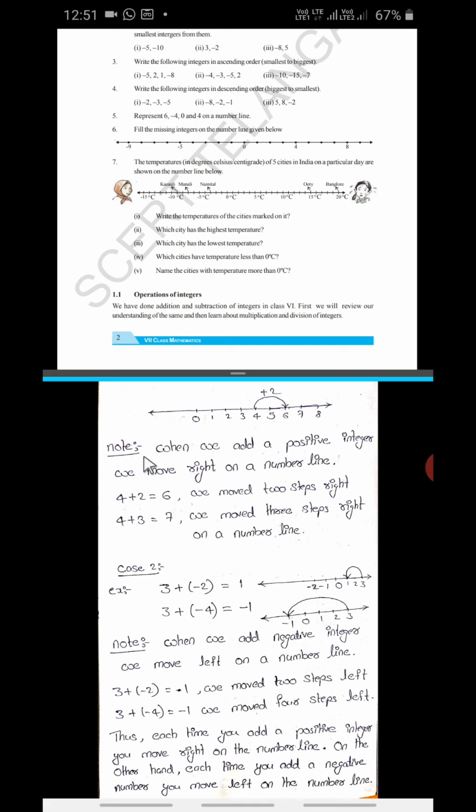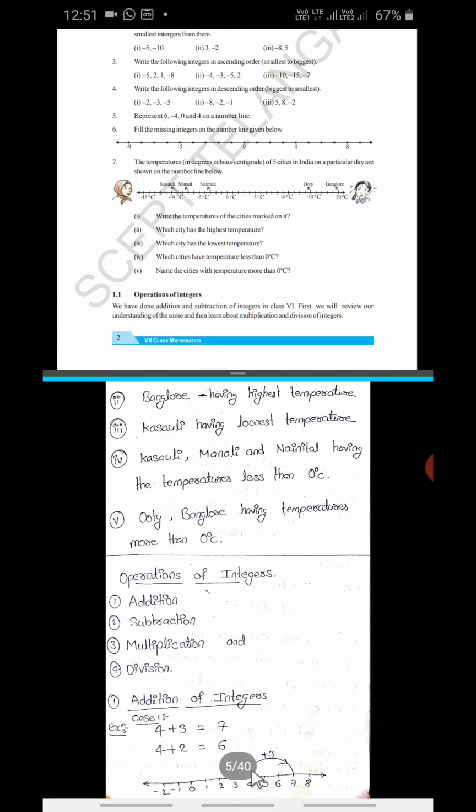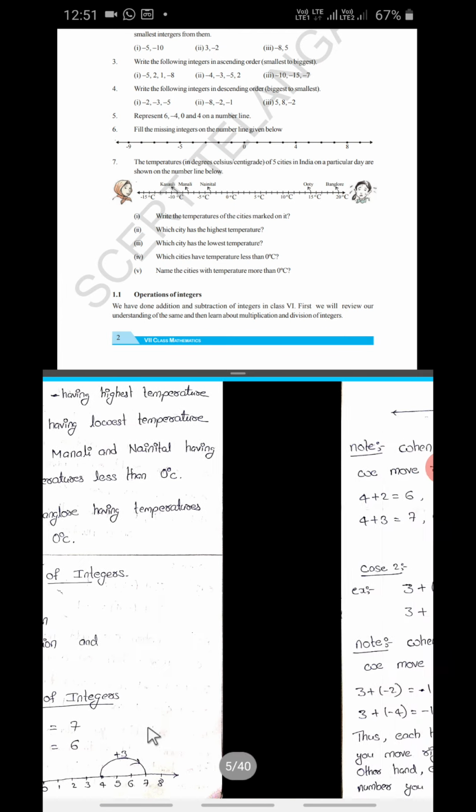Yes, here I have written some notes. Just read this note. When we add a positive integer, we move right on a number line. We are moving to the right side. See, in the two cases we have seen, in the first example and in the second example, we are moving towards the right side.